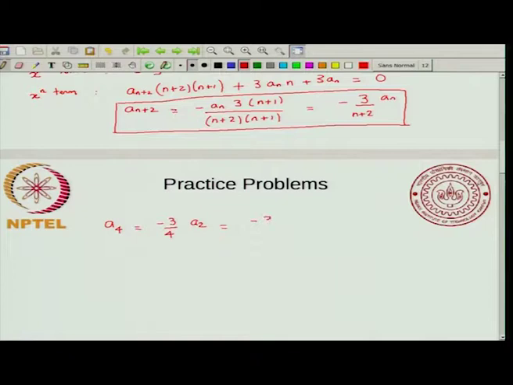So it is minus 3 into minus 3 divided by 4 divided by 2 a0. So this is equal to minus 1 square 3 square divided by 4 into 2 a0.